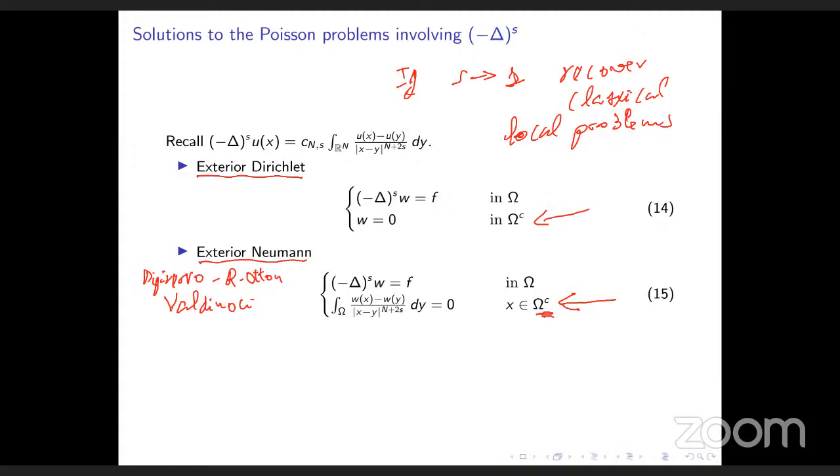In the Dirichlet case, it is very well known that the processes are killed when they leave omega. So in this case, you can think the particles are allowed to jump in the exterior of omega, but whenever they do, they are killed.